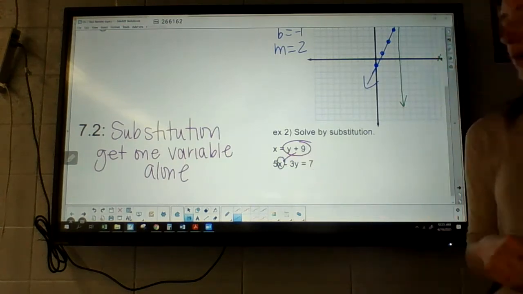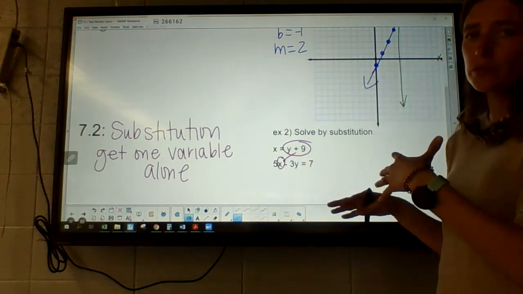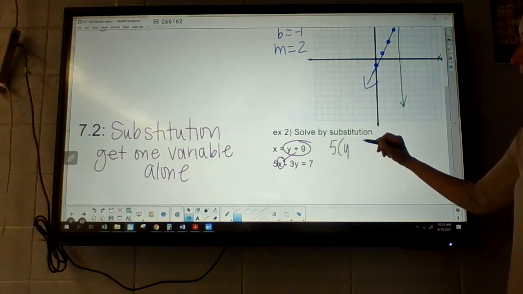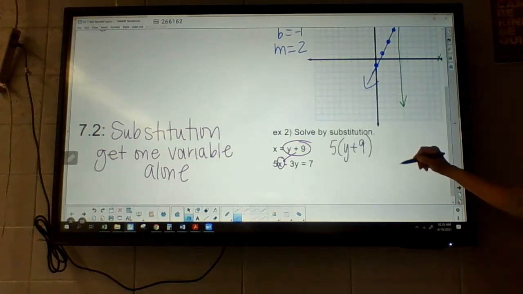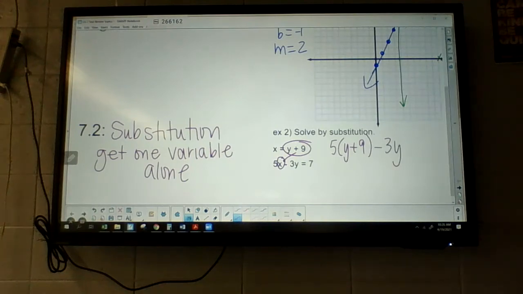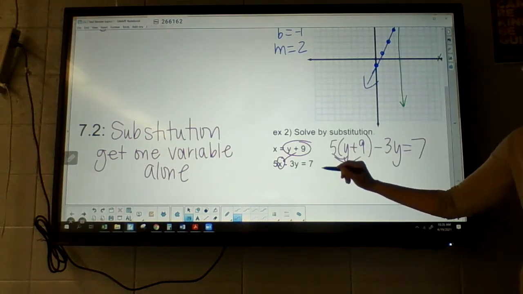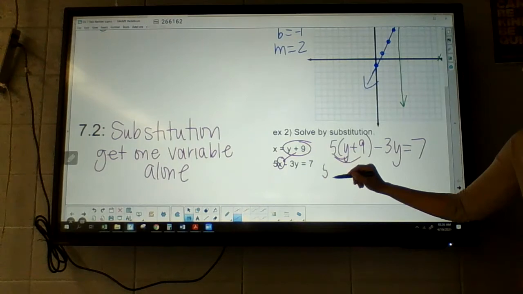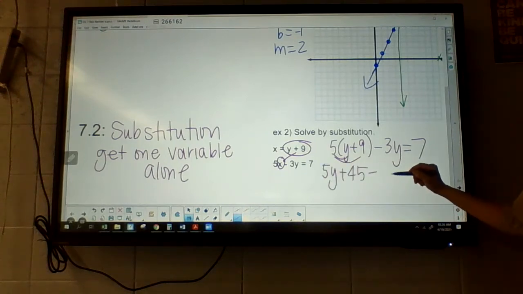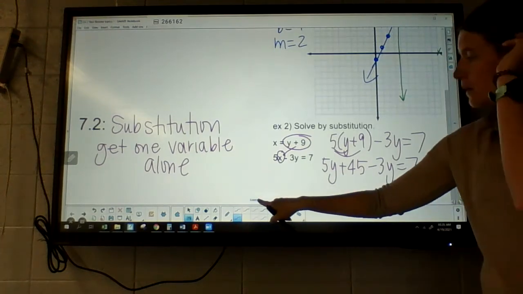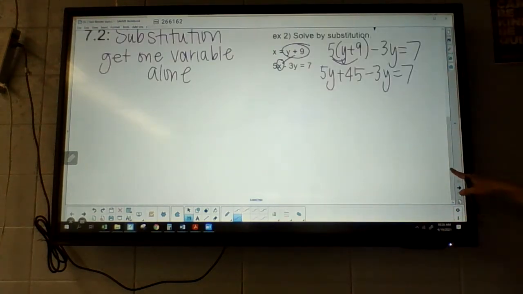I have to use my parentheses in this case, and I'm going to substitute that in. So we're going to distribute here. And then we have to solve our new equation.